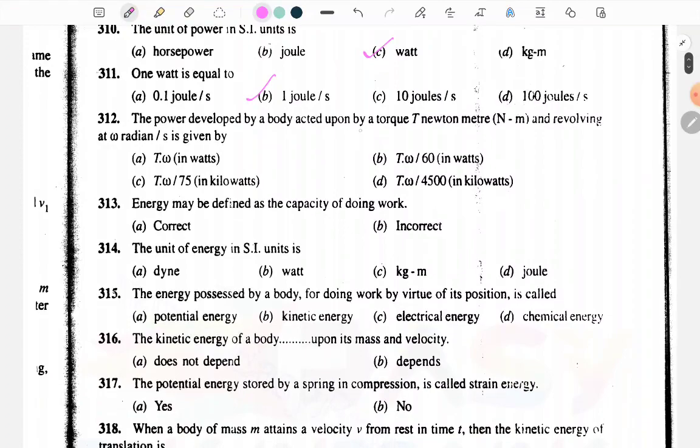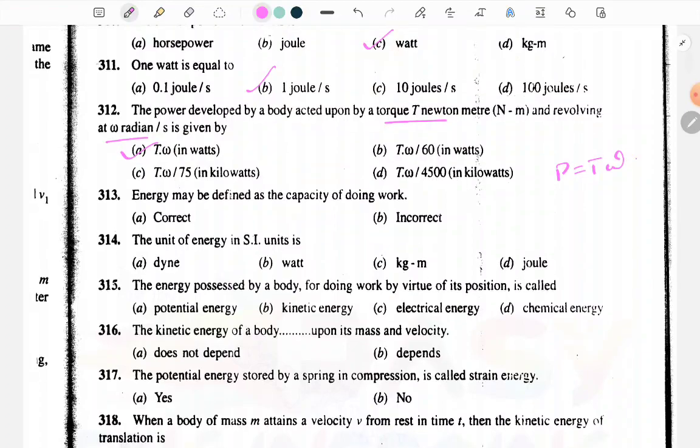Power developed by a body acted upon by a torque T Newton meter and revolving at omega radian per second is given by, that one you already know, power is equal to T into omega, torque into omega.